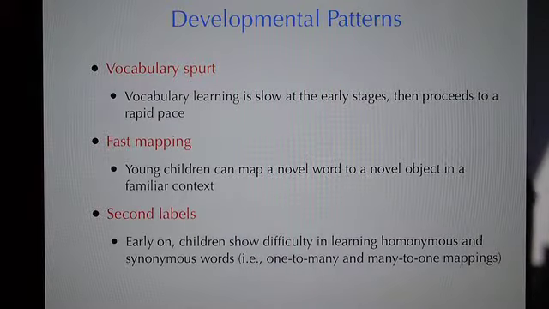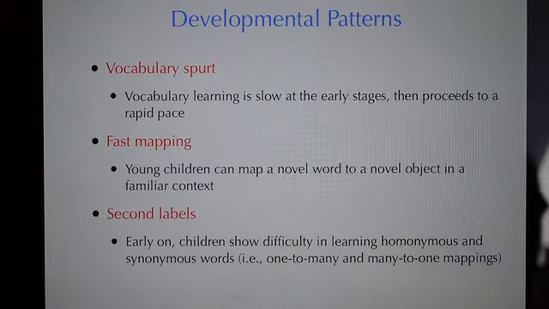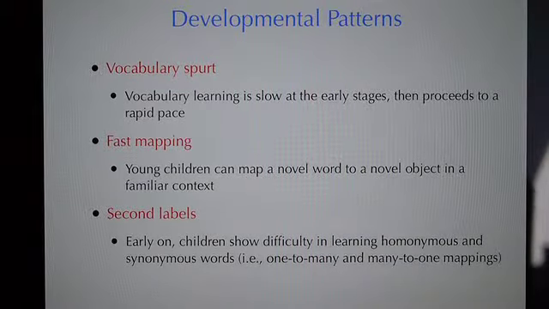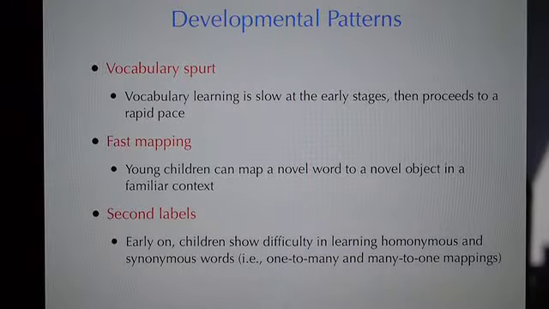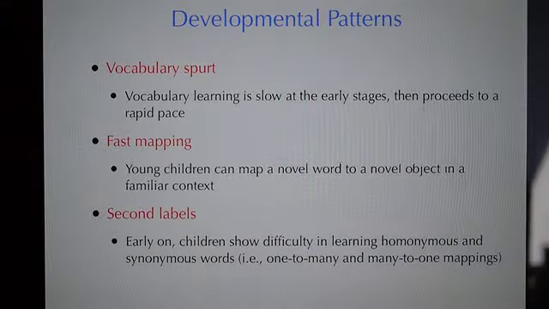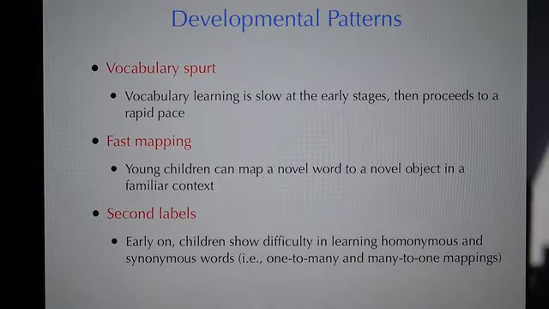And finally, a common developmental pattern that has been reported in the case of young children is their tendency not to be willing to learn second labels for objects for which they already have learned the labels. So if they know a word for referring to a concept, they're not willing to use a synonym or learn a synonym for the same concept.